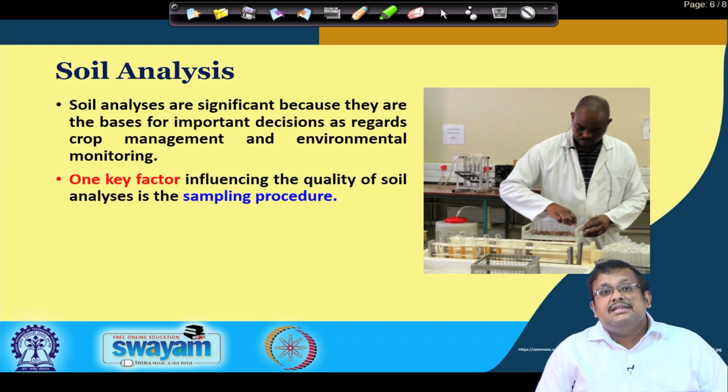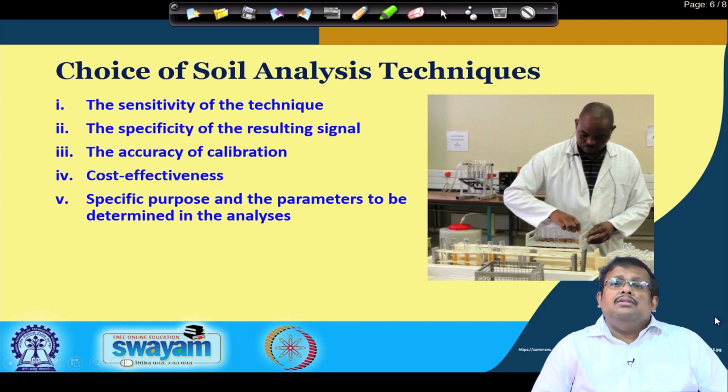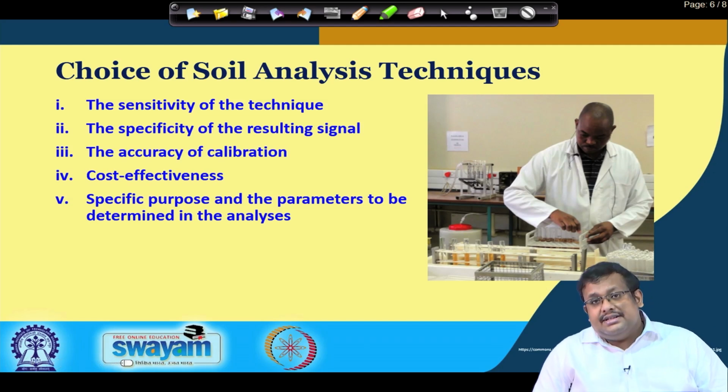So, soil analyses are very significant, and we have to do this soil analysis both for monitoring the soil fertility status as well as to monitor the soil environmental contamination or soil pollution level. Now, there are several methods or techniques for soil analysis, numerous techniques.